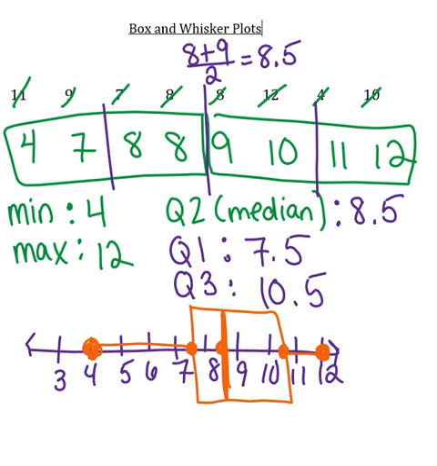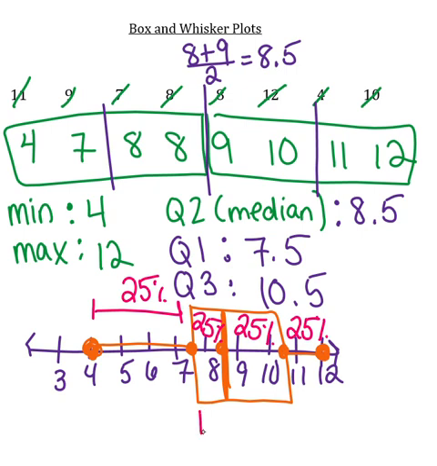There are a few things about the box and whisker plot that happens. In every piece here is 25% of your data, regardless of how large or how small it is. So there are lots of questions that can be asked. You may be asked, how much percent of your data falls in the box?